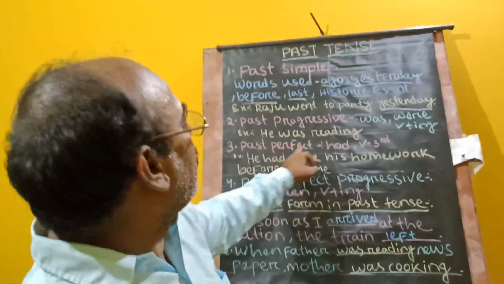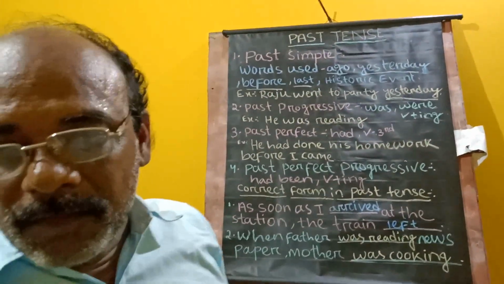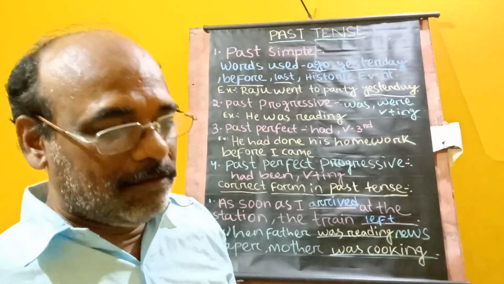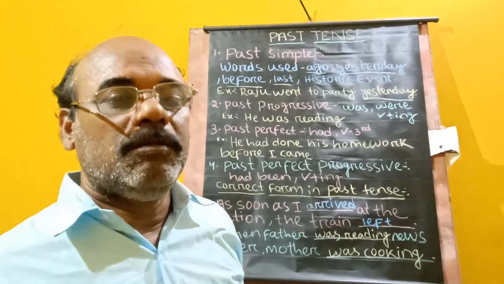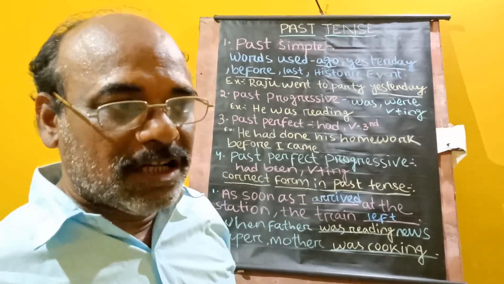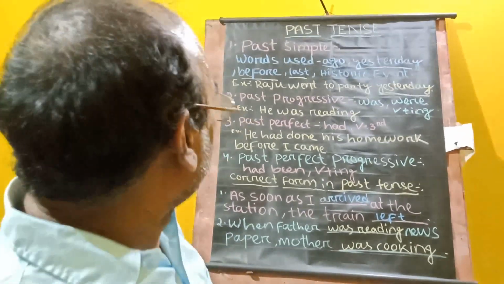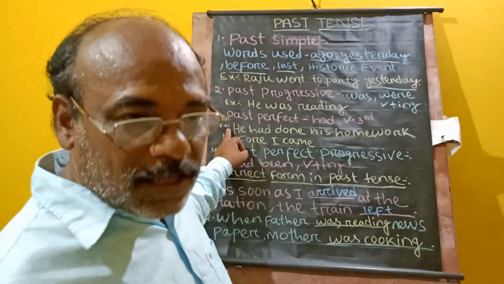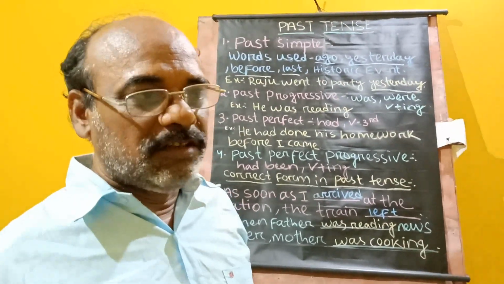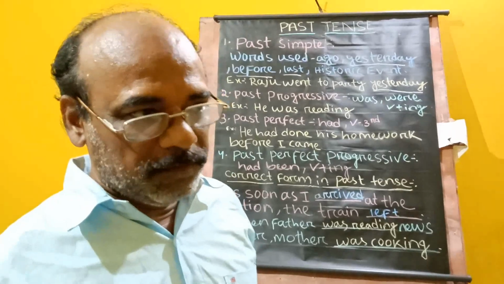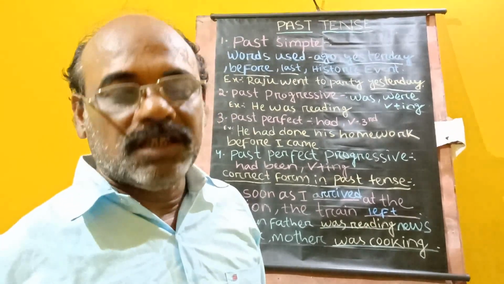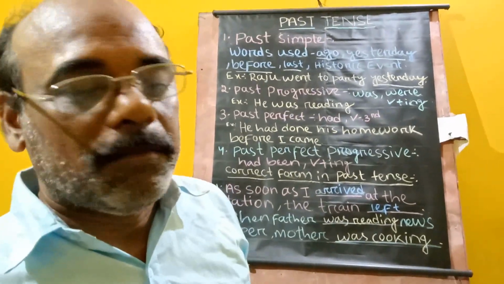Next, past perfect. Its helping verb is had. Then we will put the verb in the past participle form. The past perfect form is not used alone. It comes in pairs with the past simple form.